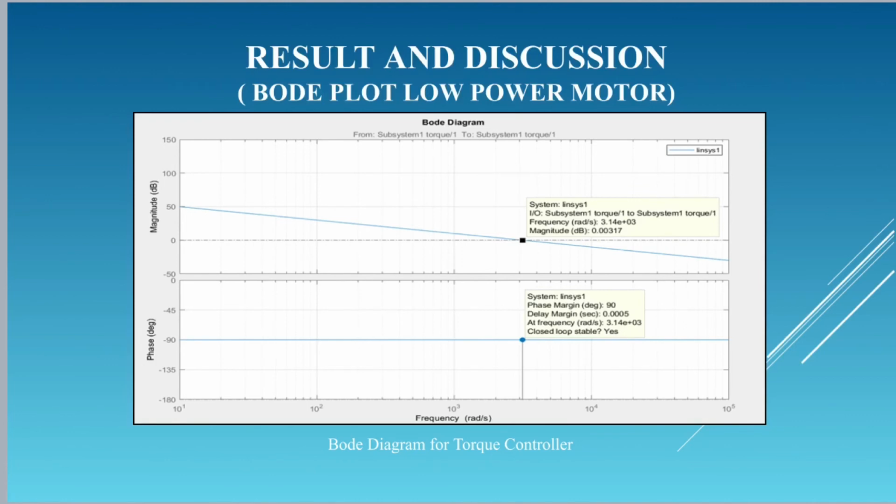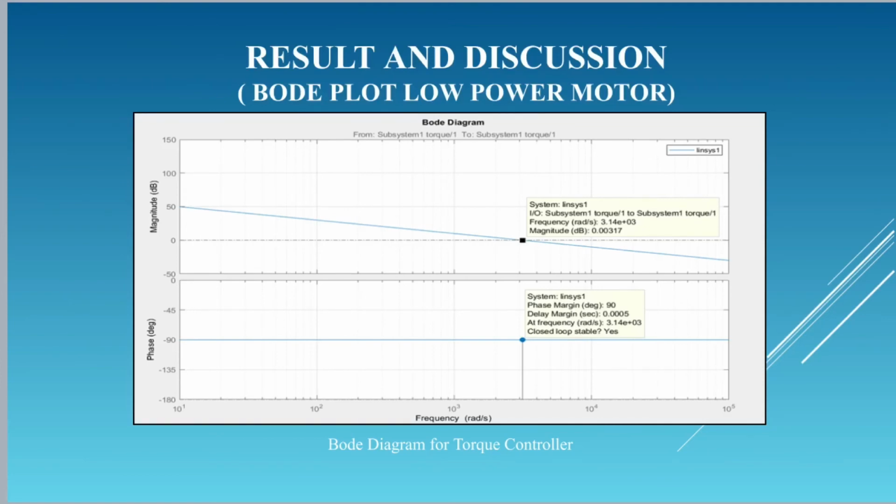The values of PI controller for the torque control loop are determined by calculation. The cross frequency is chosen approximately one order of magnitude smaller than the switching frequency of the converter.